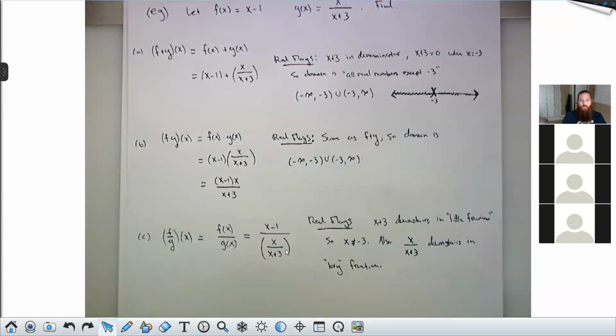I'm thinking of this as the little fraction and the whole thing as the big fraction. I have the x plus 3 in the denominator of this little fraction. That's a red flag because it's a variable in the denominator. And then I have this whole apparatus downstairs in the big fraction. So I need to make sure that this thing isn't 0.